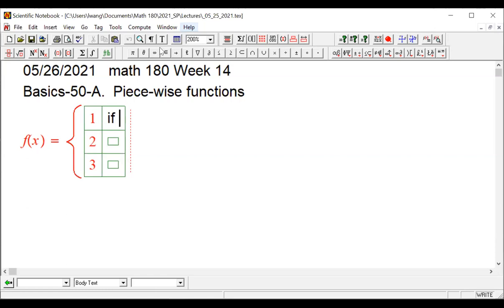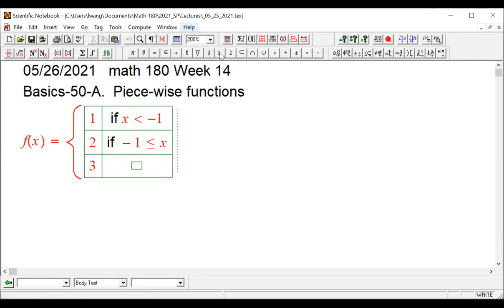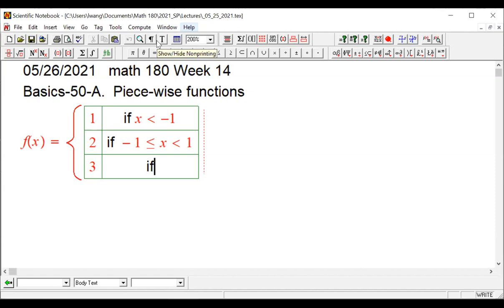The first piece: if x is less than -1. The second piece: if -1 is less than or equal to x and x is less than 1. The last piece: if x is greater than or equal to 1.